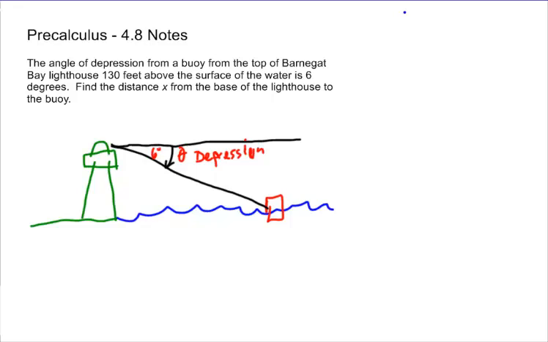Okay? And what we want to do is work with the right triangle. So we're actually going to complete this triangle this way. And we know that the lighthouse is 130 feet above the surface of the water. So over here, this height is 130.